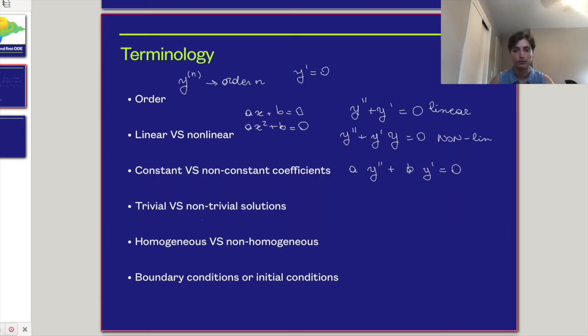They're constant coefficients. If you look at a that depends on x, y second plus b that depends on x, y prime equal to 0, those coefficients are not constant because they depend on x themselves. Here I'm looking at y being a function of x.